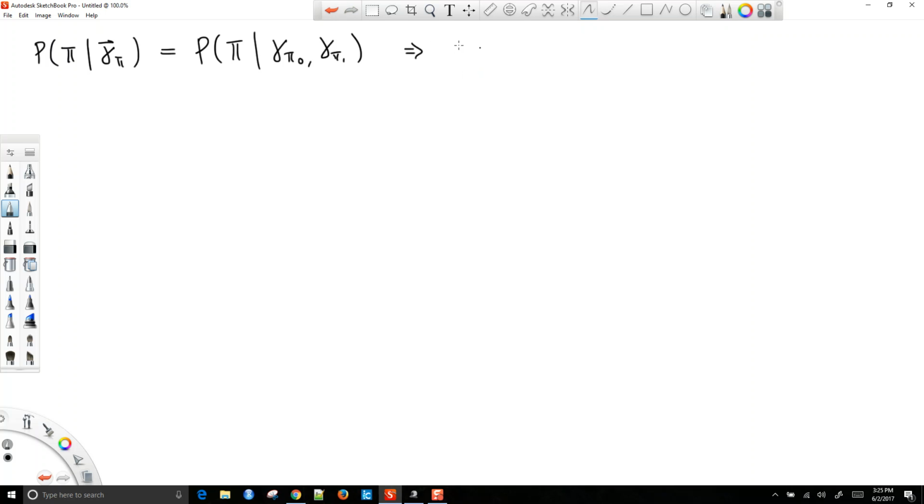Basically, this means pi comes from a beta distribution with gamma pi 0 and gamma pi 1, okay? And the beta distribution has a normalizing constant, which looks scary.